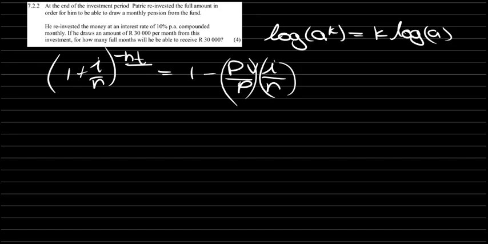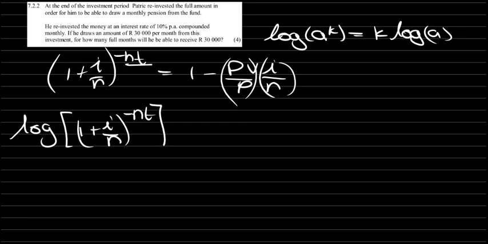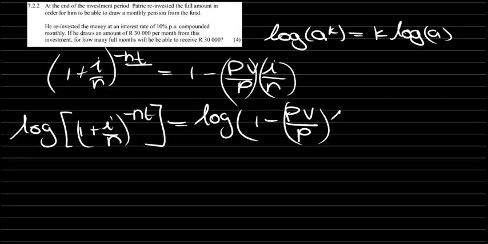So if we apply log to both sides, what we get is log of (1 plus I over N) to the power of minus NT equals log of 1 minus PV over P times I over N.